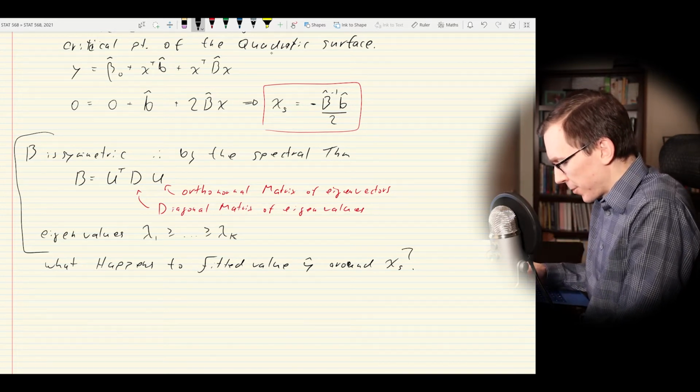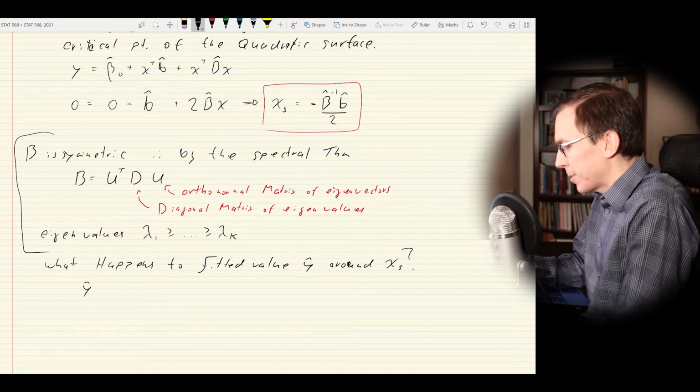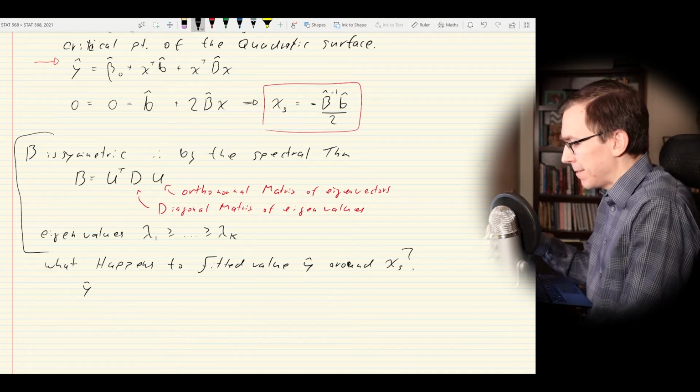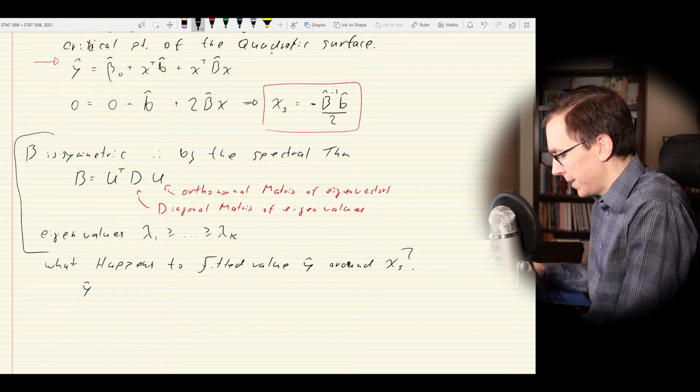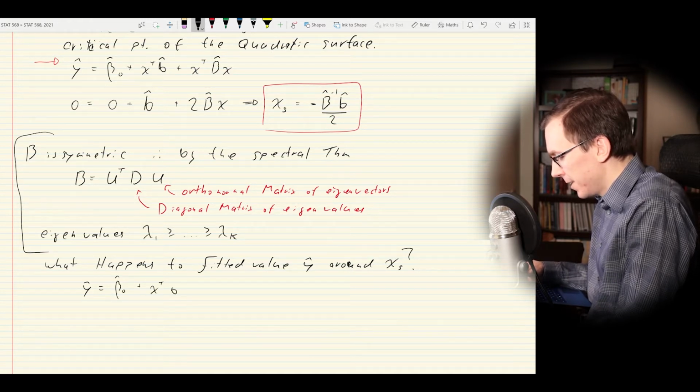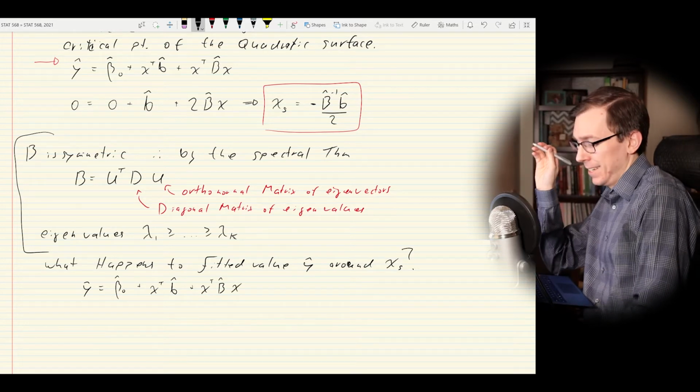So in general, going back to the equation we had above, I should probably write a y hat up here, just to indicate that this is in fact a fitted value and not a real value. It's not an observed value of y, it's the fitted value from the fitted model. All right, so we have something that looks like this. Just to rewrite this same thing from the top of the screen down here at the bottom. I need a transpose on the x.